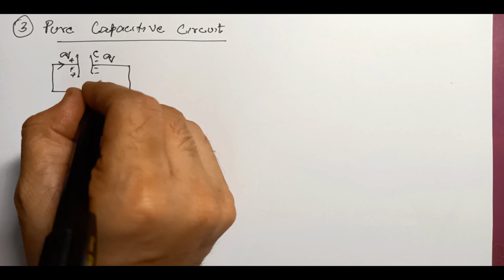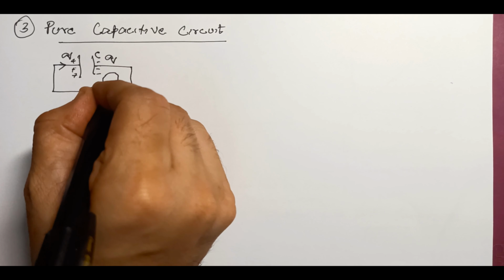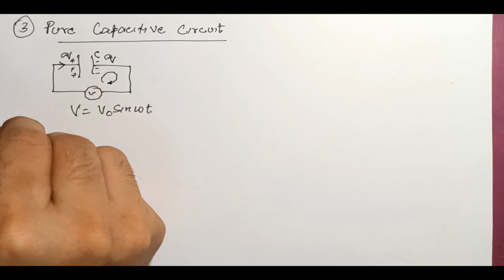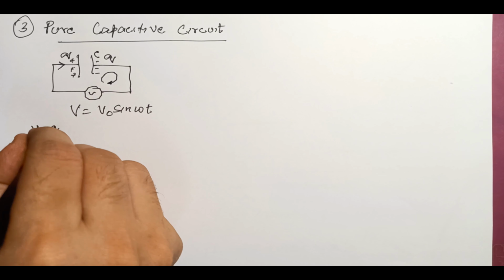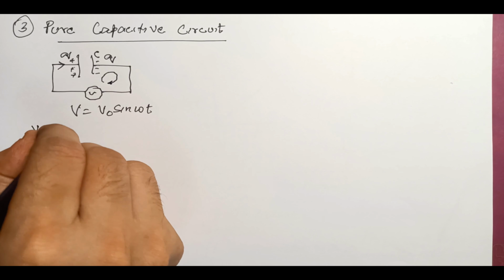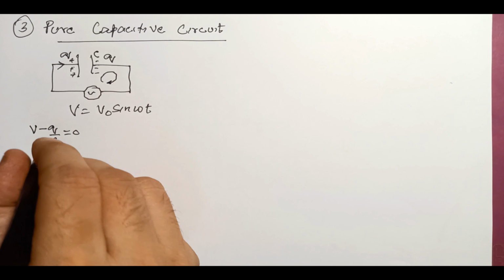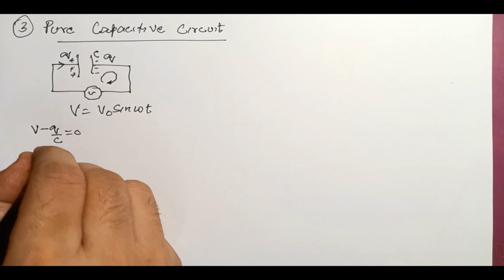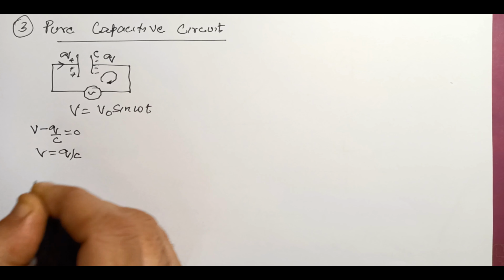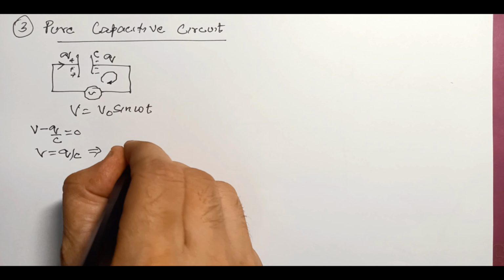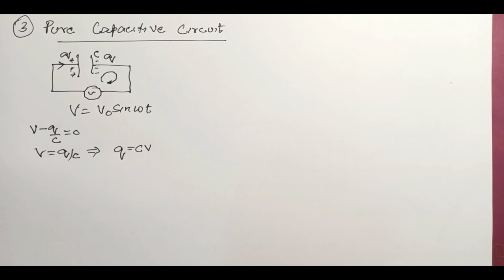Now by Kirchhoff's law, I can say V minus Q by C is equal to 0, correct? Or V is equal to Q by C. This means Q is equal to CV. That is what we studied.